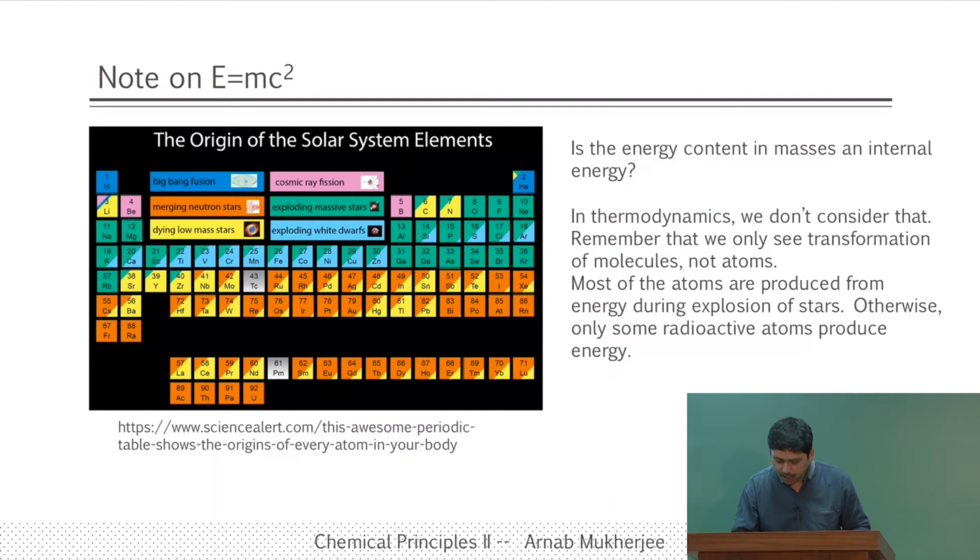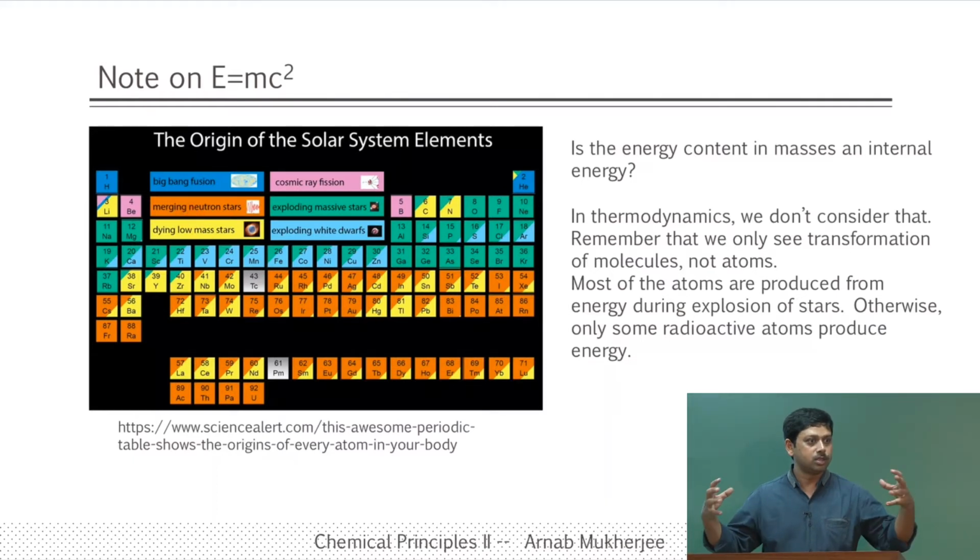For example, Big Bang fusion created hydrogen and helium, as I mentioned before, then lithium, beryllium and boron required cosmic ray fission, and then ruthenium and others required merging of neutron stars.